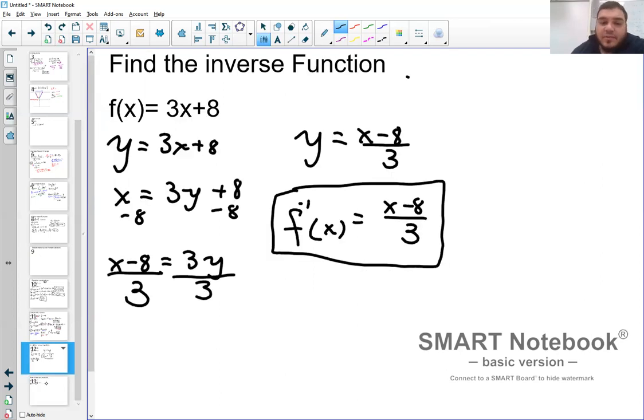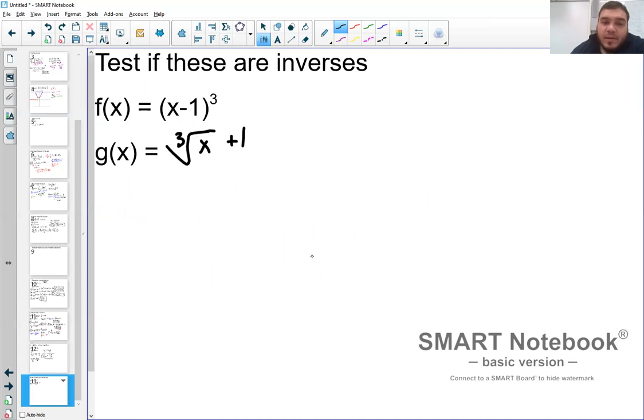Yep, that's how easy it is to find the inverse. And then I'm going to give you a type of problem. This is not in the textbook, but it's how to test if something's an inverse. To test if something's an inverse, if you do f o g, or f of g of x, your result should be an x.